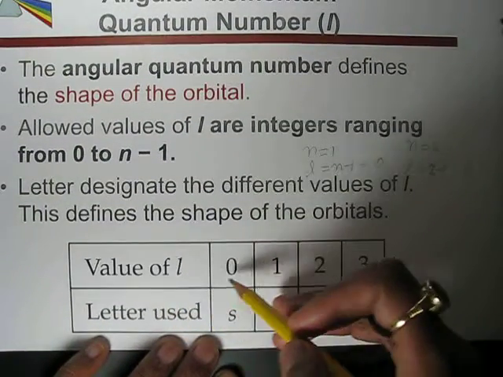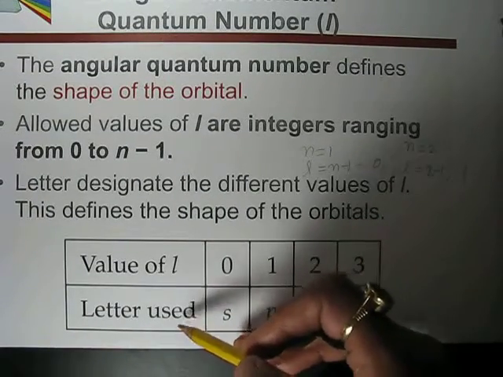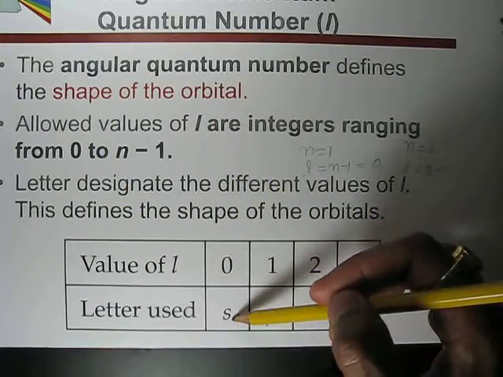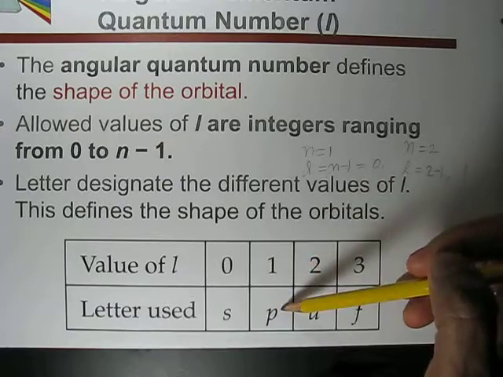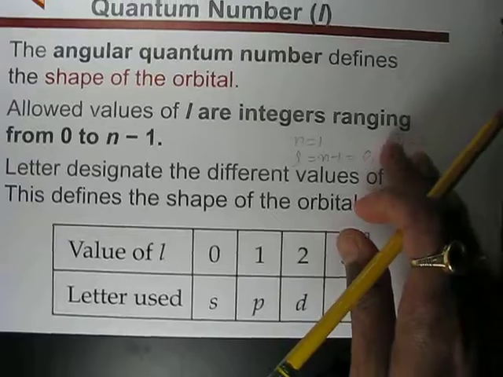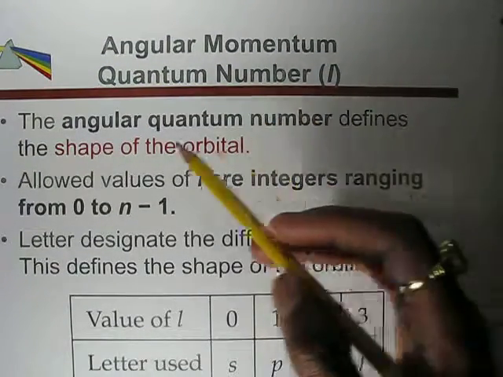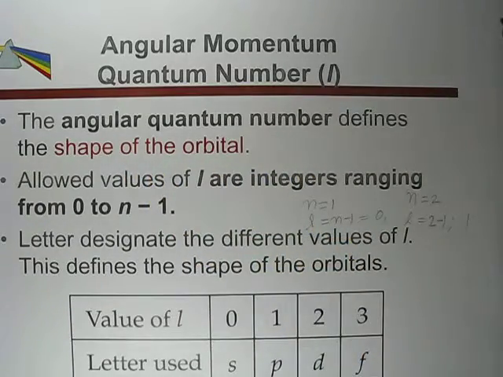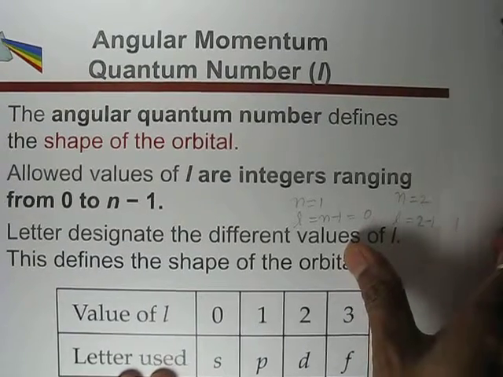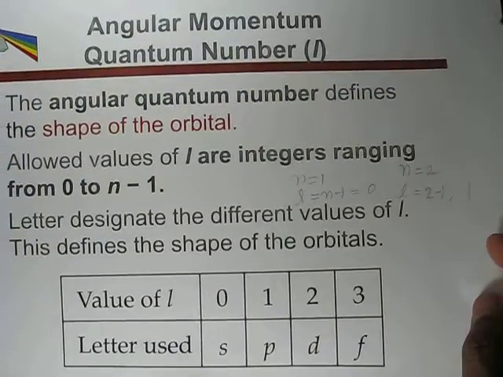So the value of l will go 0, 1, 2, 3, and these are later also used to describe the shape of the orbital. 0 is for s orbital, 1 is for p orbital, 2 is for d orbital, and 3 is for f orbital. So the angular quantum number defines the shape of the orbital, and there are four types of orbitals, s, p, d, f, and we will look at those first.